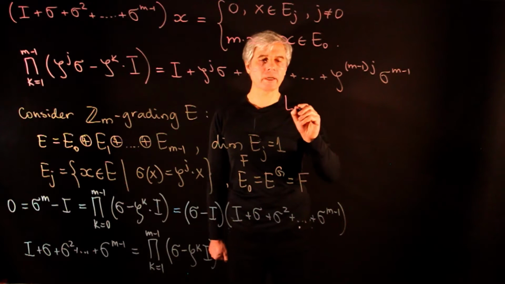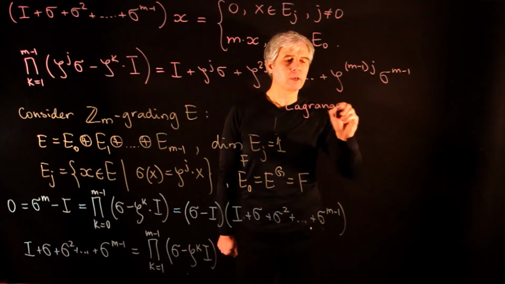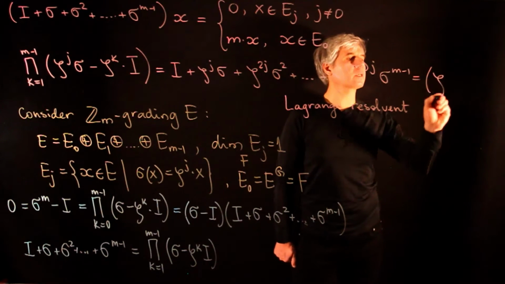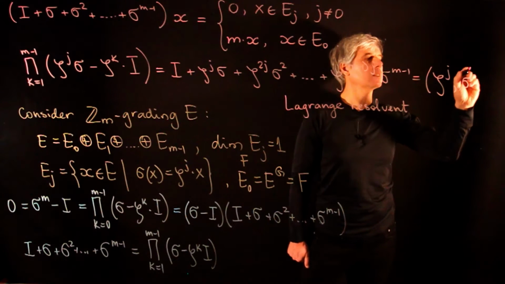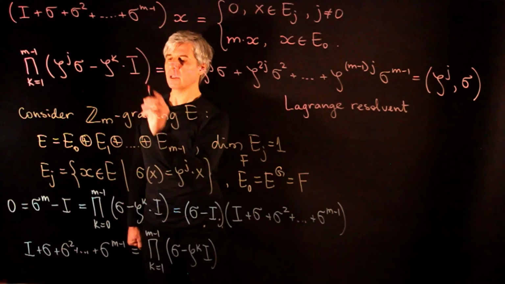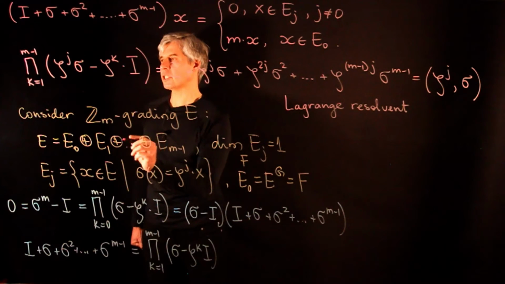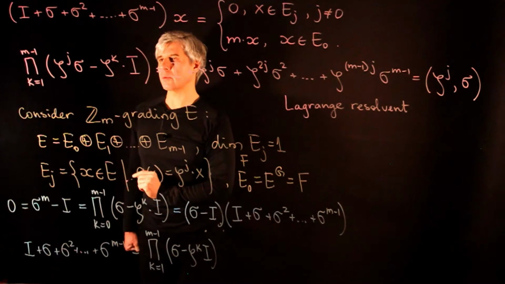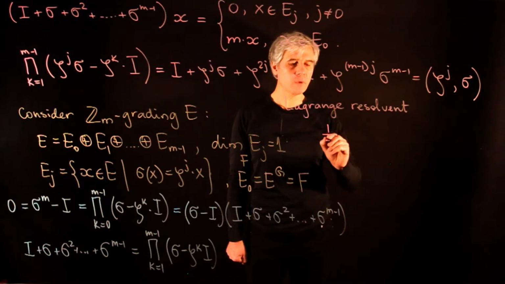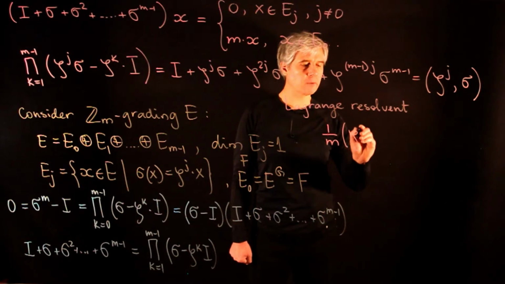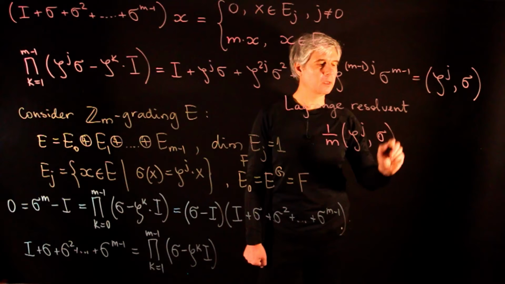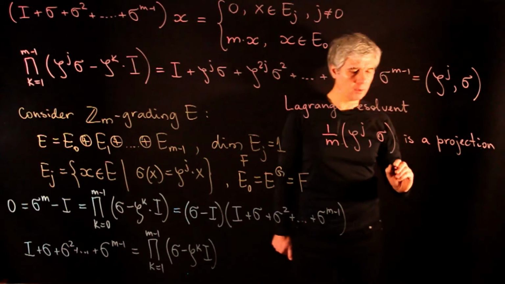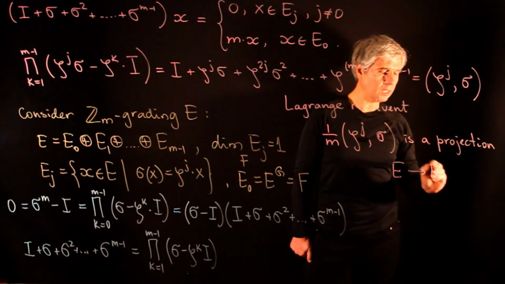This expression is called the Lagrange resolvent and denoted as zeta to the power of j and sigma. The product on the left will not annihilate a single component, which is E minus j. So this is because this product does not contain the term with k equals 0. So we conclude that 1 over m times Lagrange resolvent is a projection from E to the component E minus j.